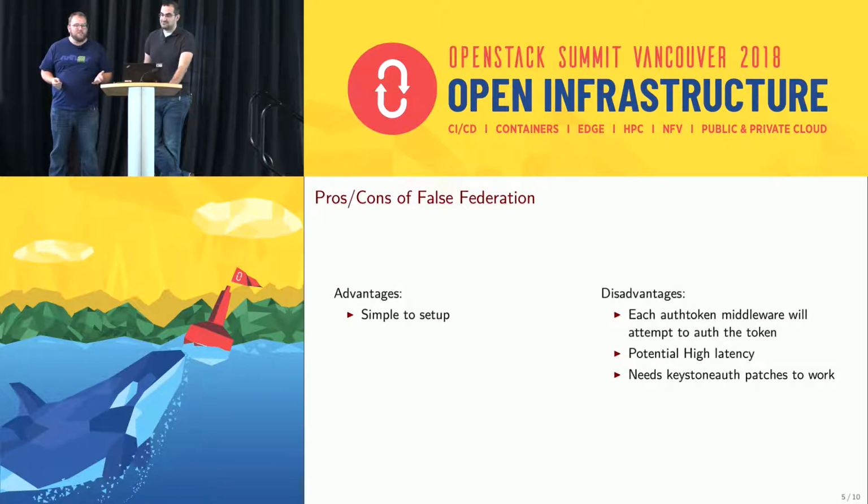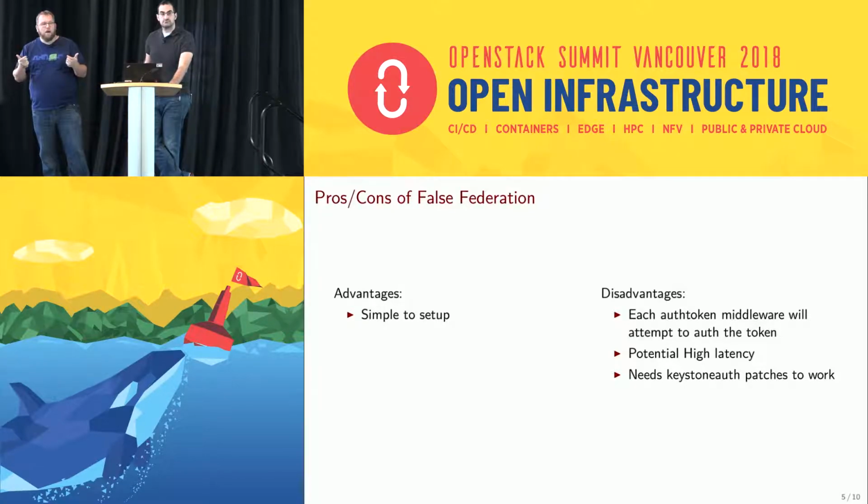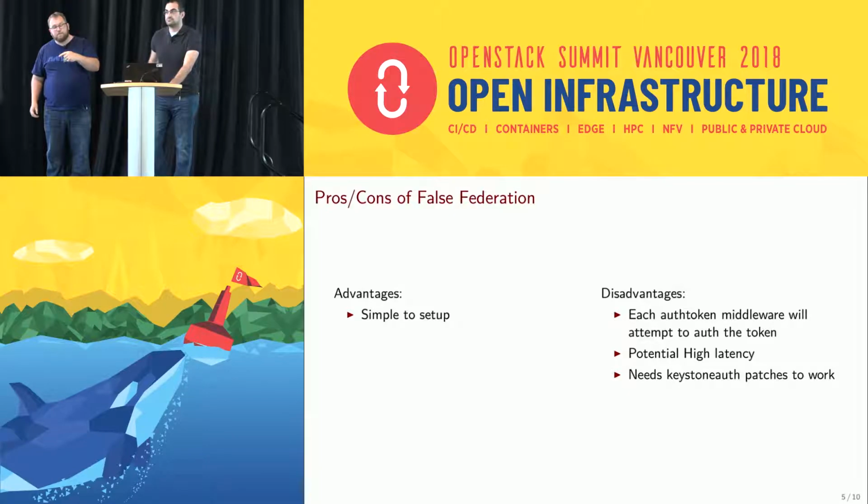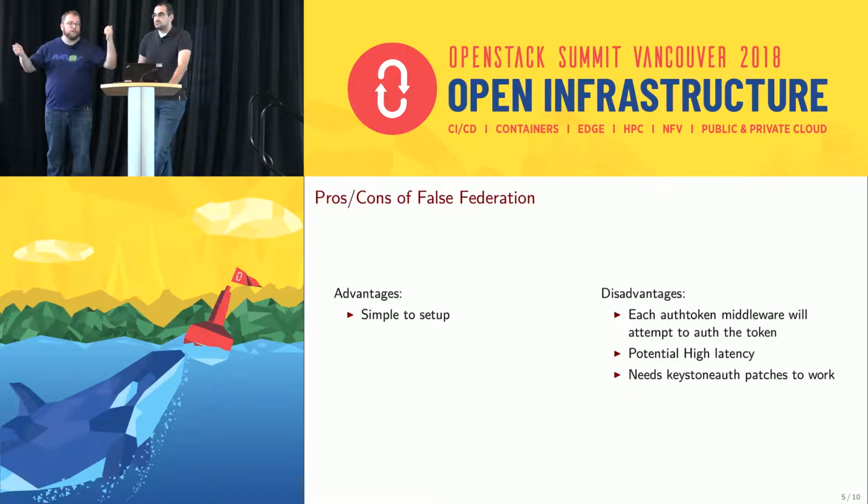The disadvantage is that each of these auth token middlewares in Keystone has not been designed to have more than one in a pipeline. So each of them is going to try and talk to each Keystone, which is not so nice. This is costly on every request coming in to Swift. You're going to have a lot more latency as it tries to authenticate, and only one of them is going to work, but it's okay.